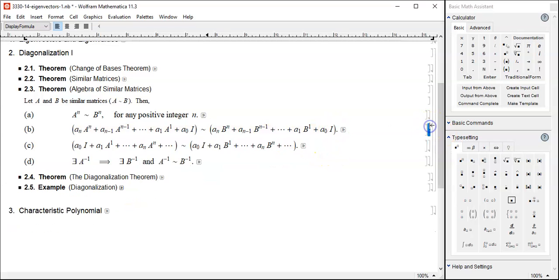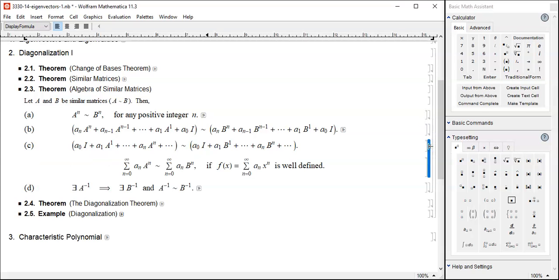So nothing there. For a power series, you can do that because each nth power of A and B are similar as T inverse A to the nth power T, like that. Of course, do they converge, and does this power series expansion make sense, is another question.